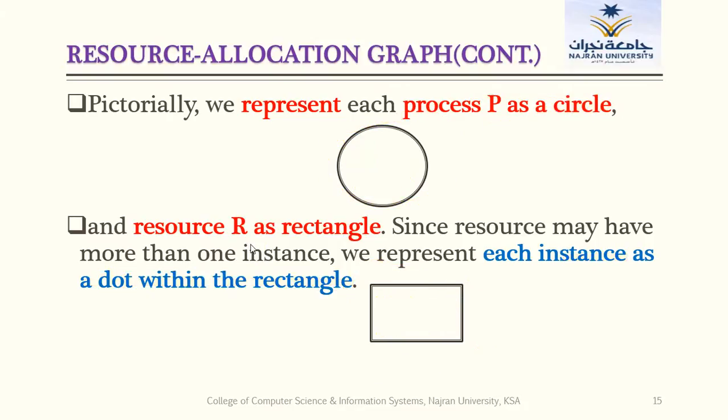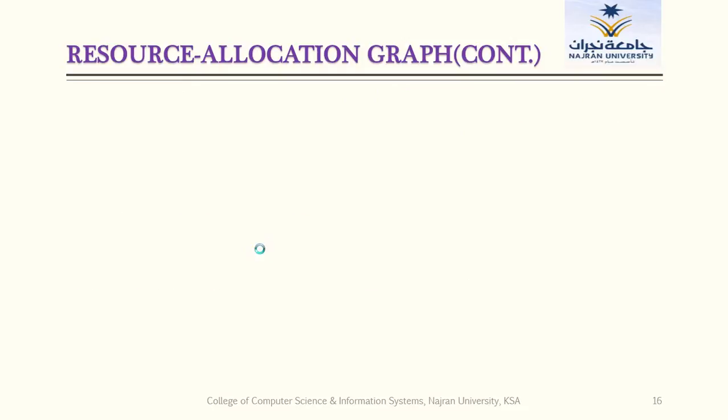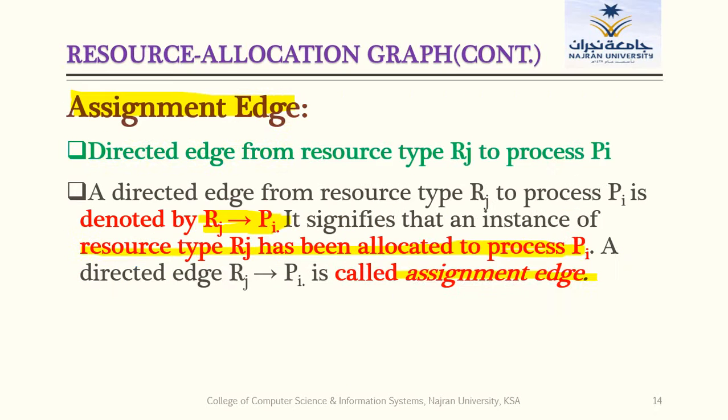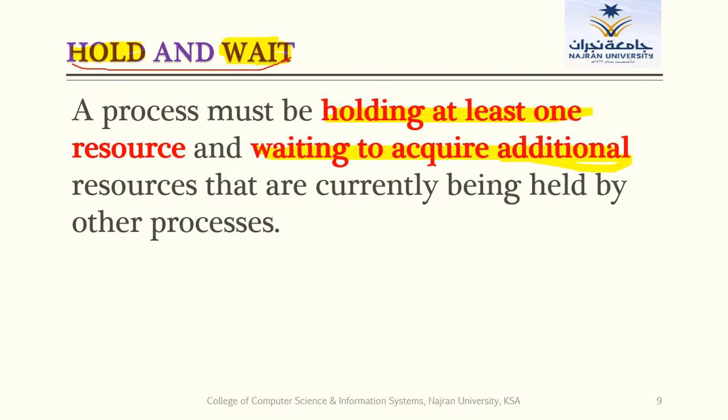Okay, so we will stop here. In the next session we will solve some examples, make some resource allocation graphs, and check whether deadlock occurs or not. Before we finish, let's take a quick overview of what we discussed today.